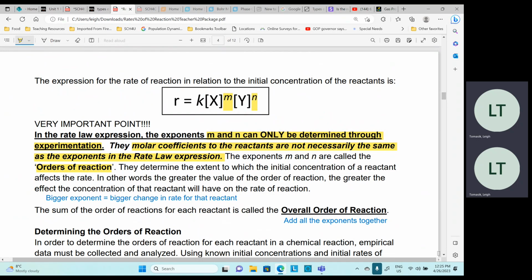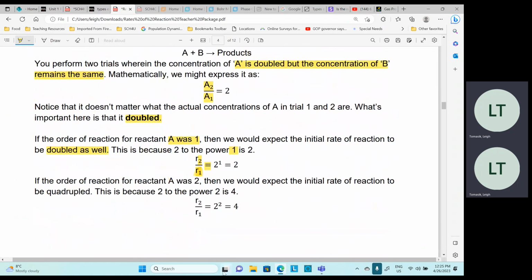But say you're wondering, why not 2? I'll show you what happens when we have 2. Say you doubled the concentration of A, but that quadrupled the rate of the reaction.